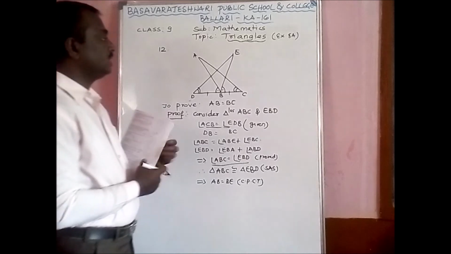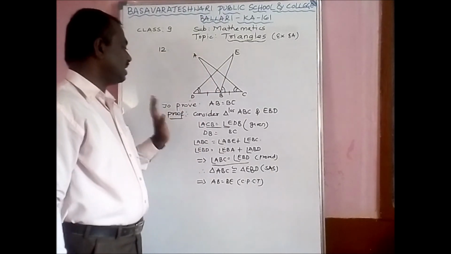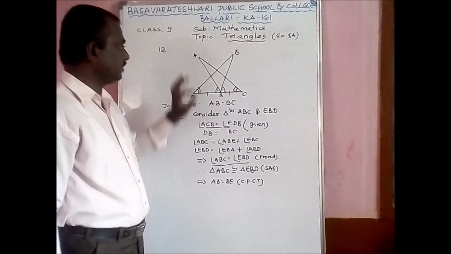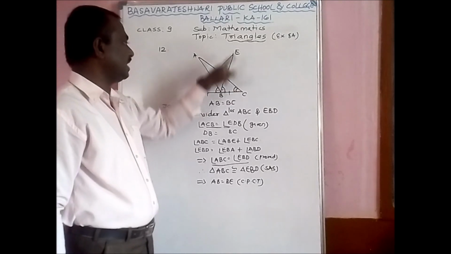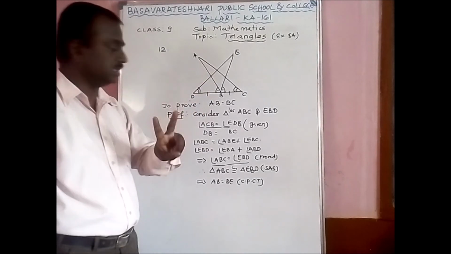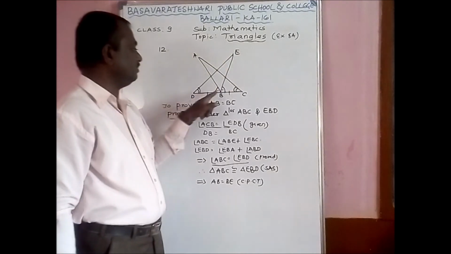So what I did: consider the two triangles ABC and EBD, and we have to prove the congruence. Already they have given two angles are equal and one side is equal. But we have to prove that angle ABC and angle EBD are also equal. Angle ABC contains two angles: angle ABE one angle and angle EBC another angle.